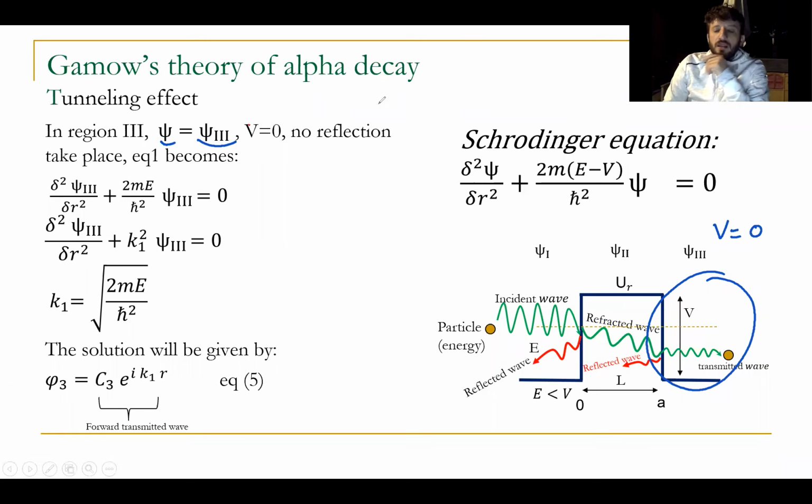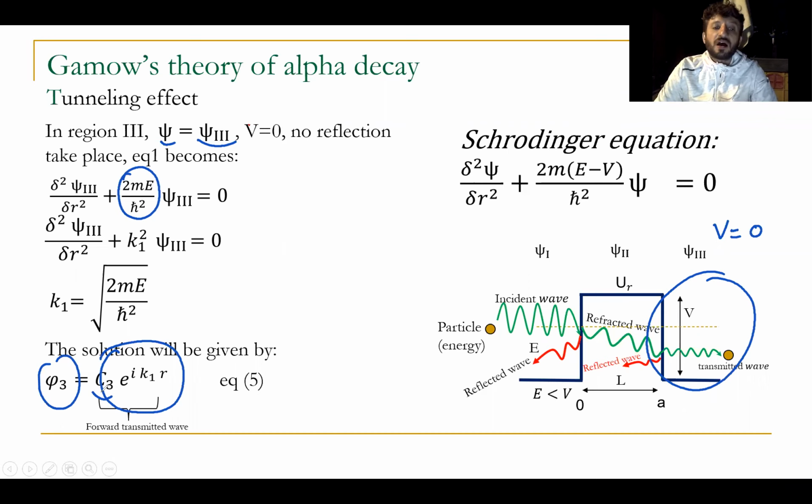We said before 2mE divided by h square equals k1 square. So here we get the solution with the transmitted wave, equal to C exponential i k1 r.